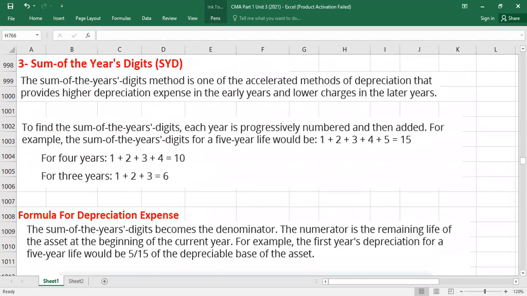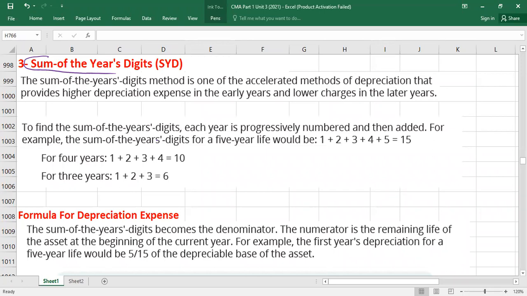But first understand the sum of the years digit method. This is the name. Actually, it is just a different way to calculate the depreciation. But its depreciation will be similar to the declining method. Its pattern is the same.